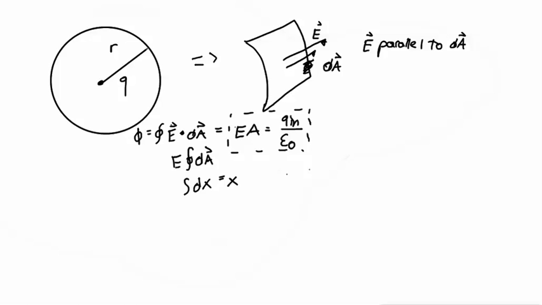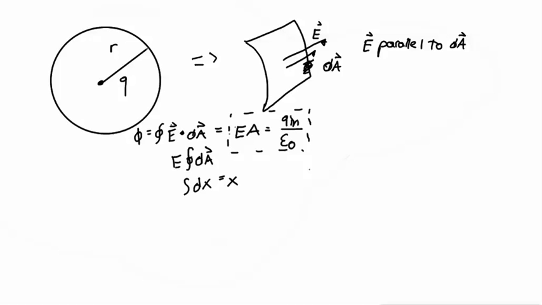Here the electric field expands spherically around the point charge, and with a spherical Gaussian surface, E is parallel to dA at all points, so it gets rid of the integral, and we're left with a simple four-variable equation.